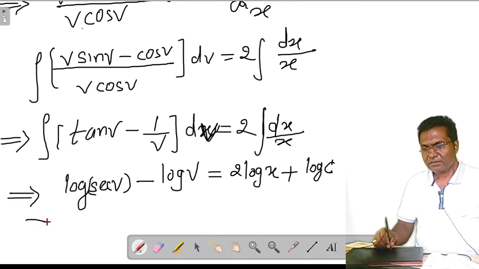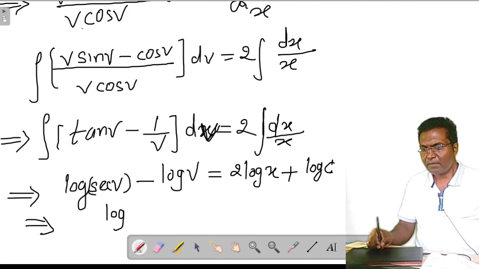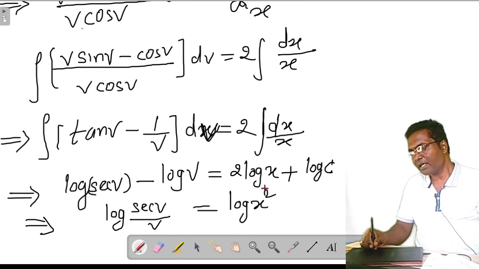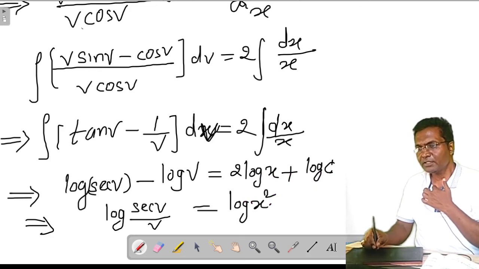Now this is of the form log m minus log n, so I can write log m by n. So log of sec v by v. On the other side, 2 log x can be written as log of x square, and now it takes the form log m plus log n, so log mn, so I can write it as log of x square c.